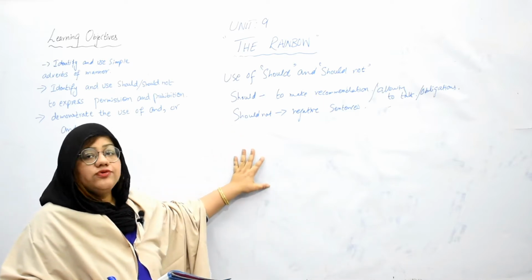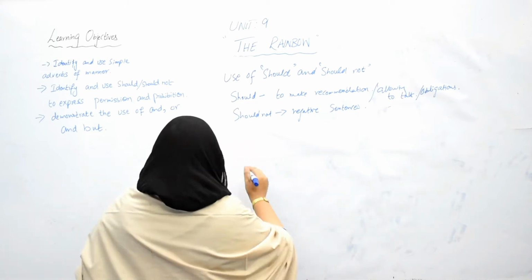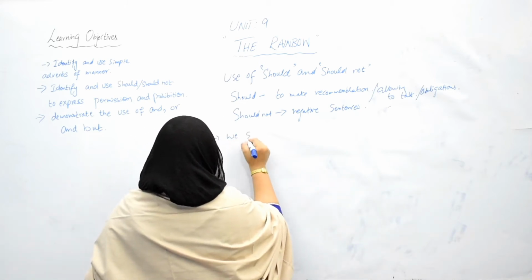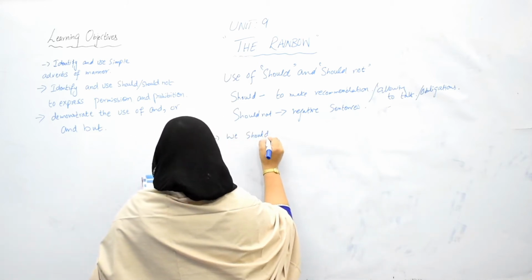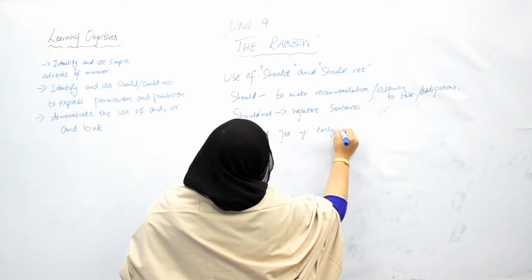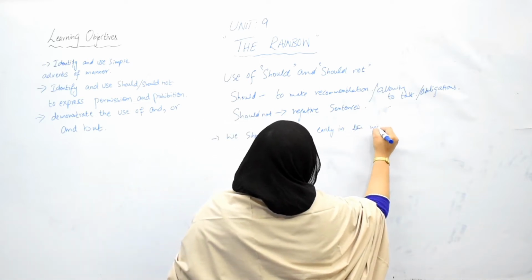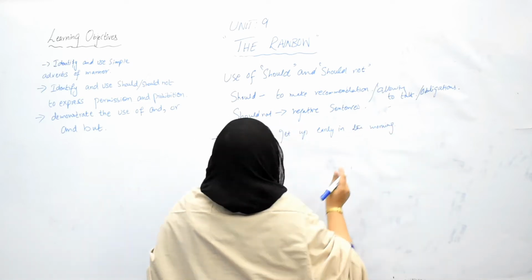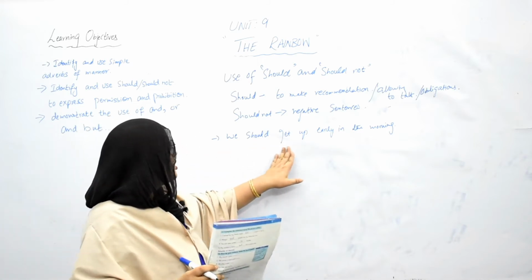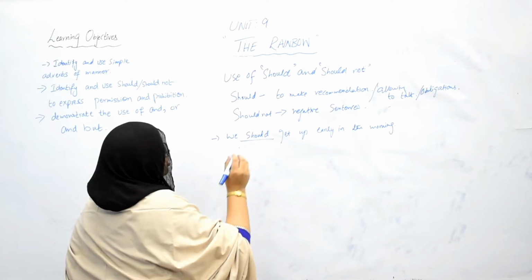Now I'm going to give you some examples so that you may have a better understanding. For example, I'm writing, we should get up early in the morning. I'm using should.